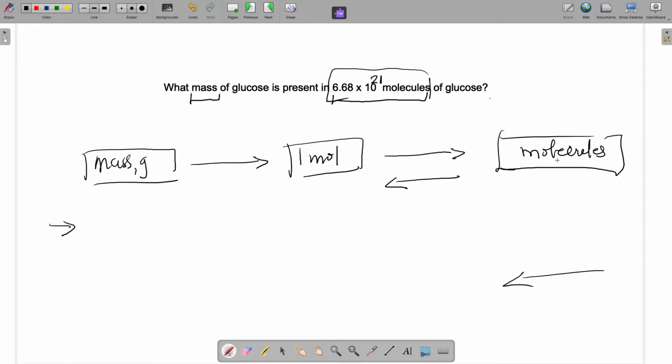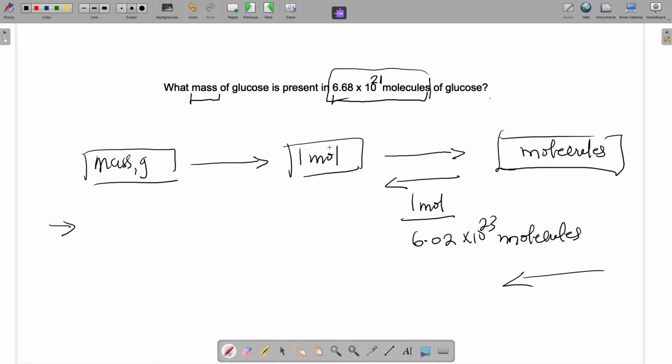We all know Avogadro's number is 6.02 times 10 to the power 23 in 1 mole of a substance. So we write 1 mole on top and Avogadro's number of molecules at the bottom. This is the form of our conversion factor to go from molecules to moles.